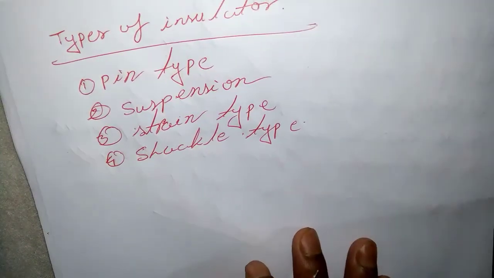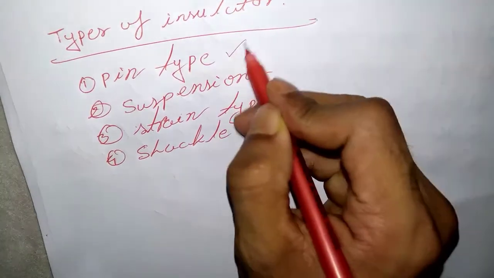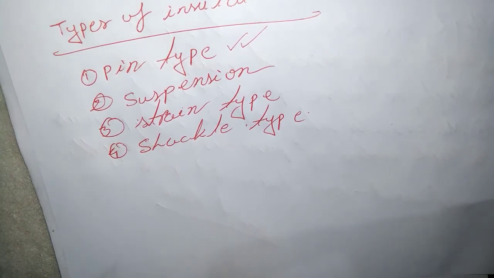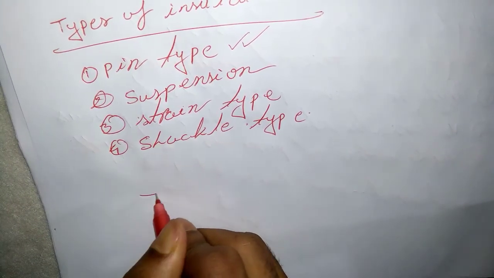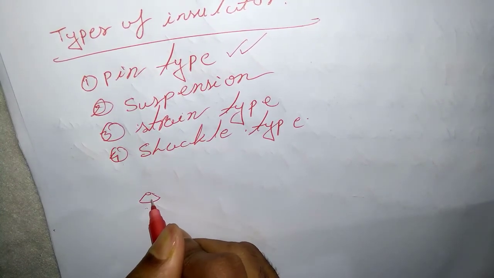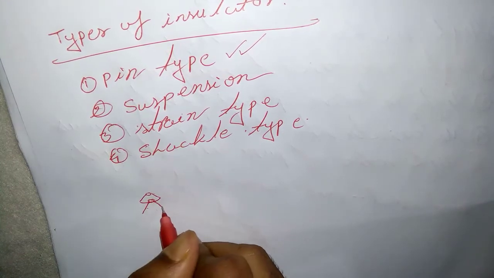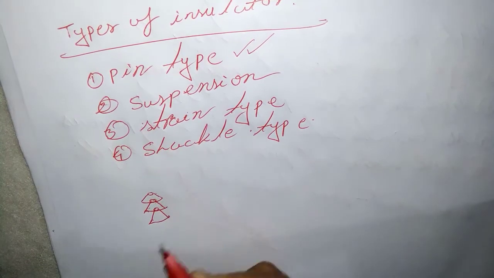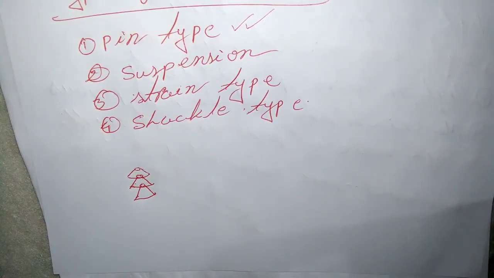First I discuss the pin type. If I draw the cross section of a pin type insulator, it looks like this. As the name suggests, the pin type insulator is secured to the cross arm.